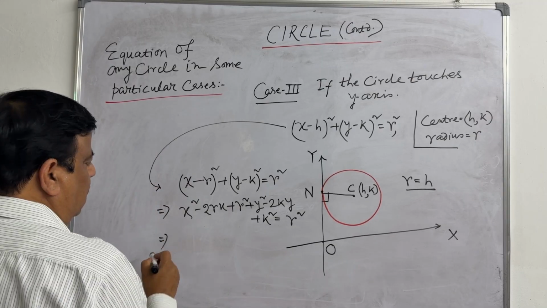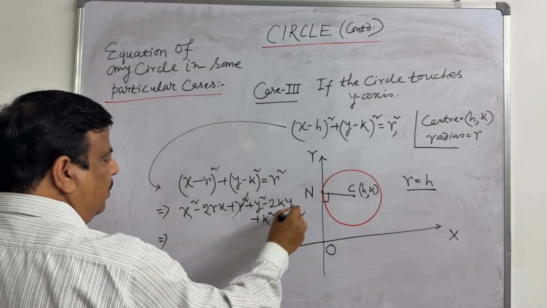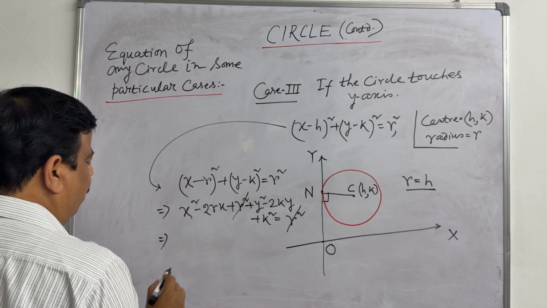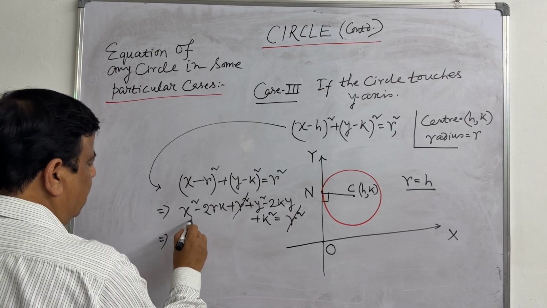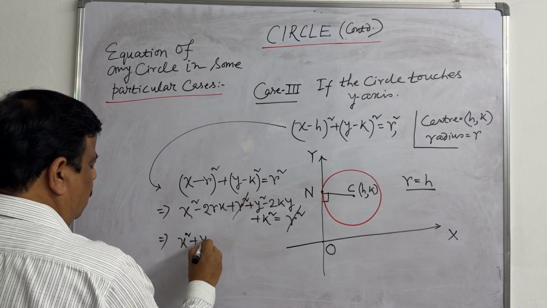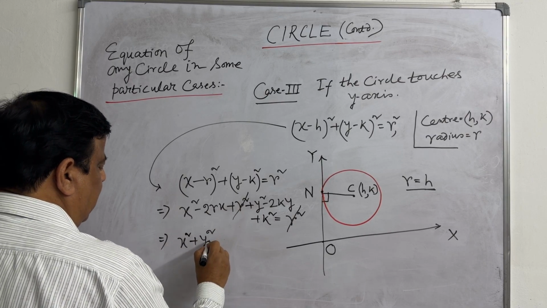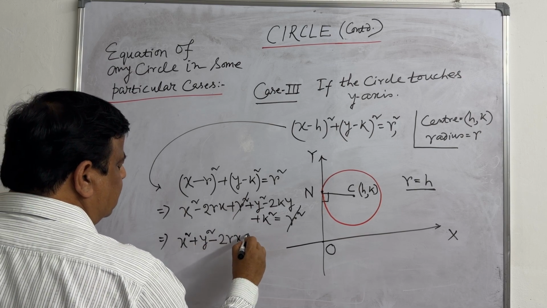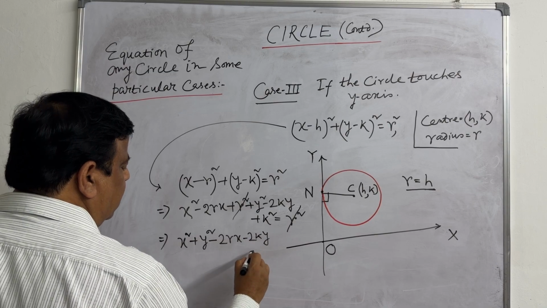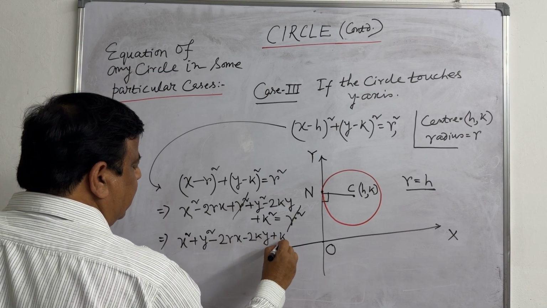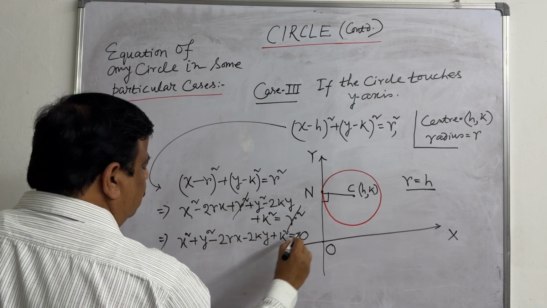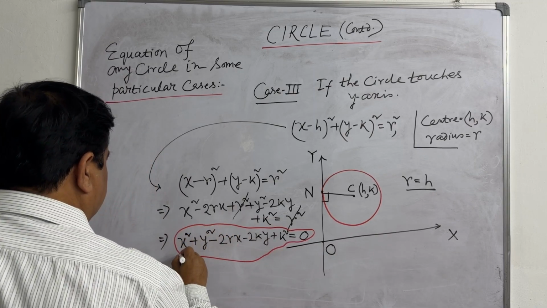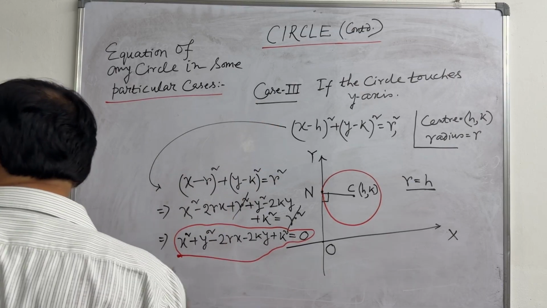Cancel r square because it exists on both sides of the equal sign. So the final equation is x square plus y square minus 2rx minus 2ky plus k square equals 0. This is the equation of the circle mentioned in case 3.